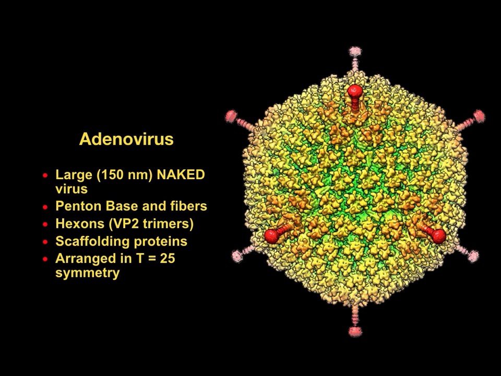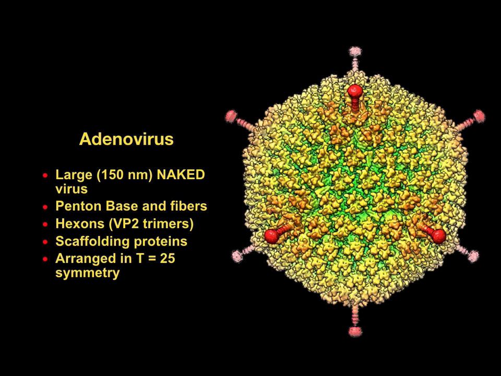Then we have adenovirus, which has a T number of 25, and the hexons are formed by trimers.